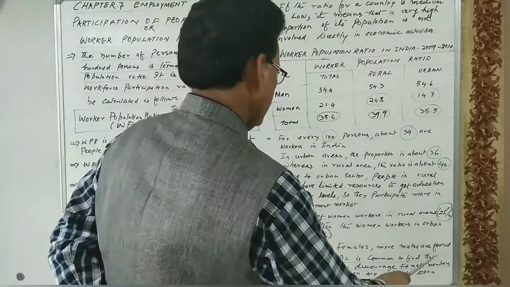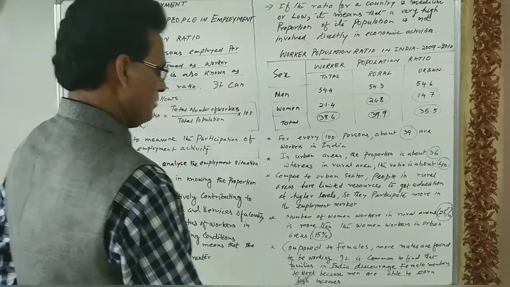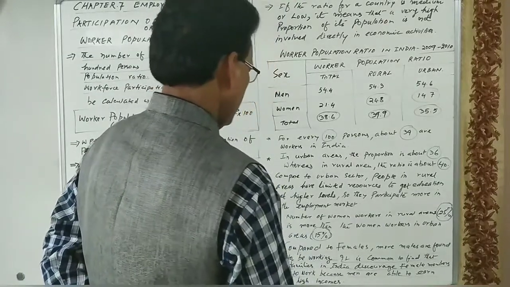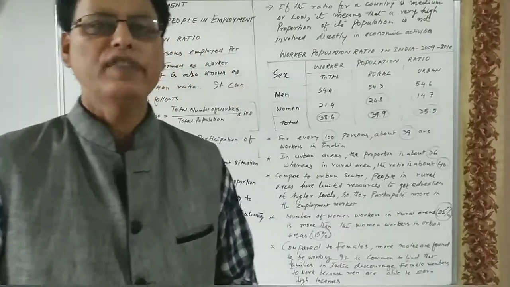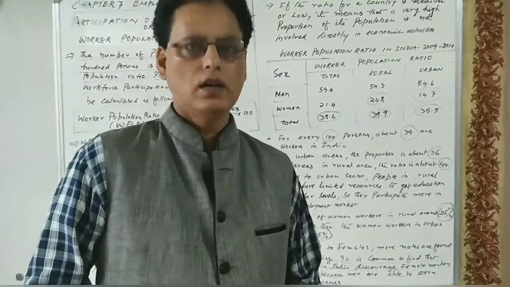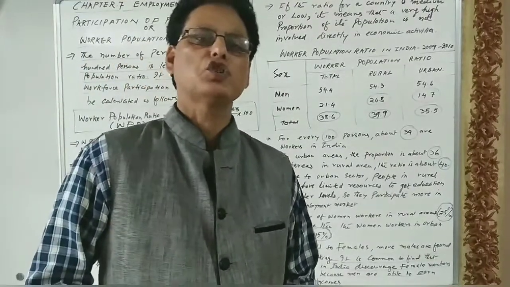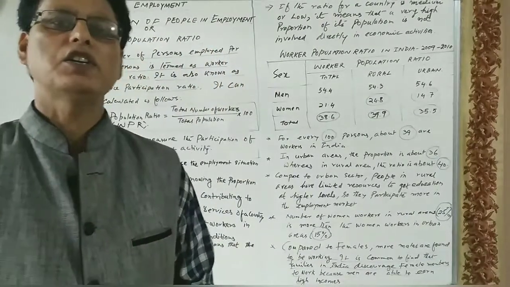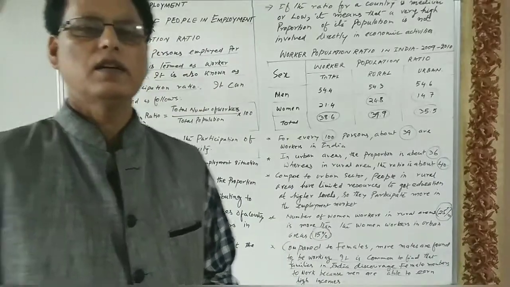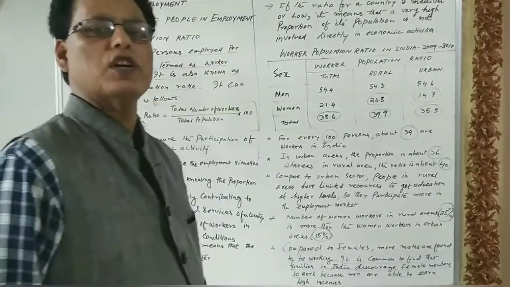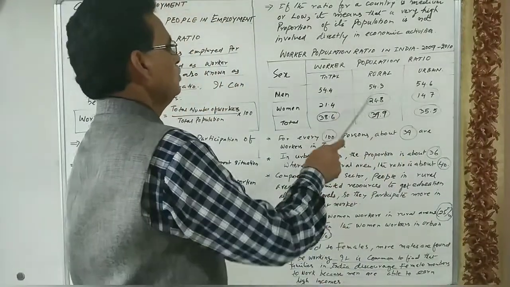It is common to find that families in India discourage female members from working because men are able to earn higher income. So men generally earn higher income, and females are discouraged from joining the work in our country, and that is why the worker population ratio of women is less in our country in comparison to other countries. Even the female worker population ratio in urban areas is less in comparison to rural areas.